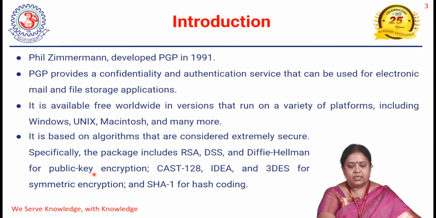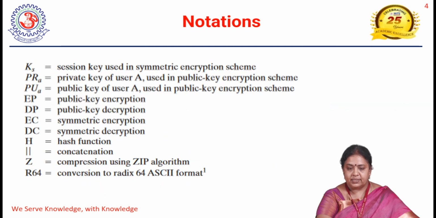For public key encryption, we use algorithms like RSA, DSS and Diffie-Hellman. For private key encryption, we use algorithms called CAST-128, IDEA and triple DES. And for hash encoding, we use SHA-1. SHA-1 has been used in this Pretty Good Privacy protocol. These algorithms are considered to be extremely secure.